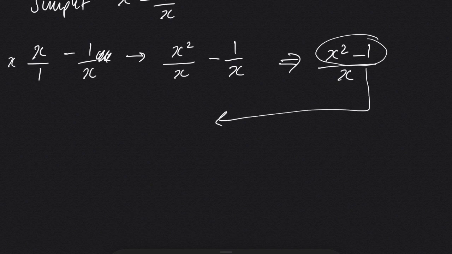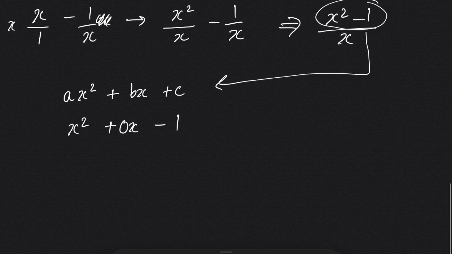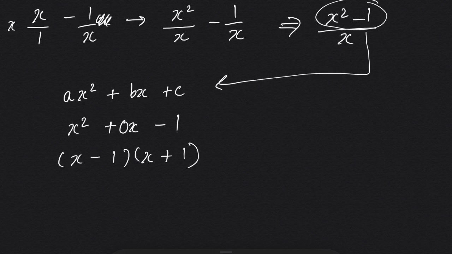So if we put it into the form ax squared plus bx plus c, we see that we have x squared plus 0x minus 1. So we need to think of two things that add to 0 and when multiplied by one another equal negative 1. So, of course, we get our brackets out and we can see that that is x minus 1 and x plus 1. That's all it can be.